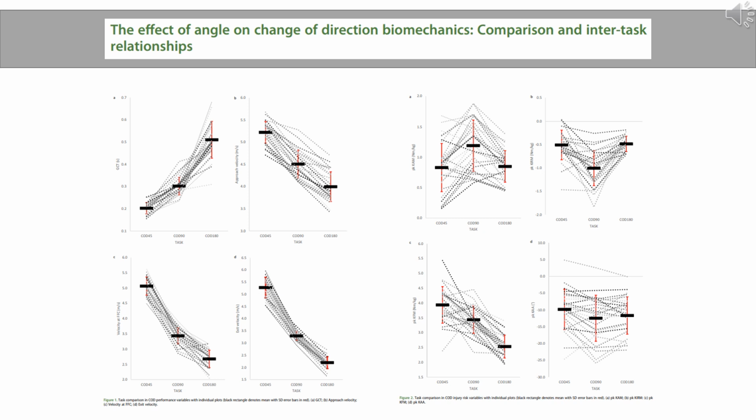And we need to be mindful of knee abduction moments being higher, not at 180 degrees, but typically at 90 degrees. That's because during that particular change of direction, the angle requires us to move laterally, where in contrast for 180 degrees, we've probably already orientated our body to start facing in the direction of travel.